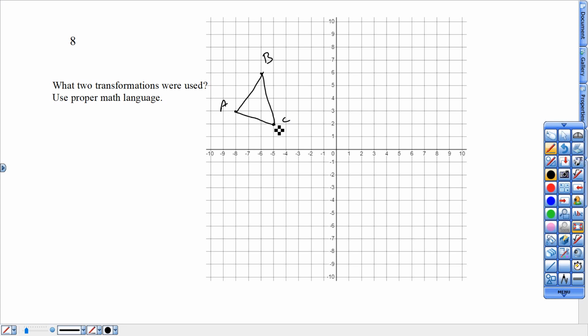The triangle after the move is right here at 2, 4. I believe that's C double prime. And then I go over 1 up 4, 3, 8 is B double prime. And then I have 5, 5. I'm sorry, that last one, 5, 5 is A double prime.